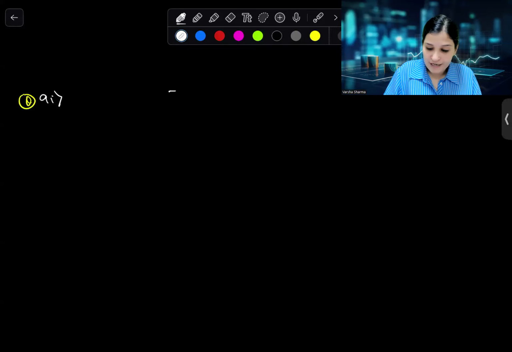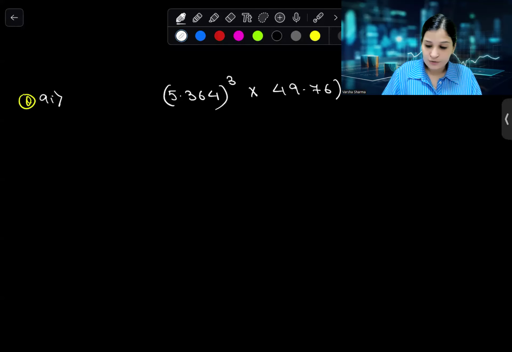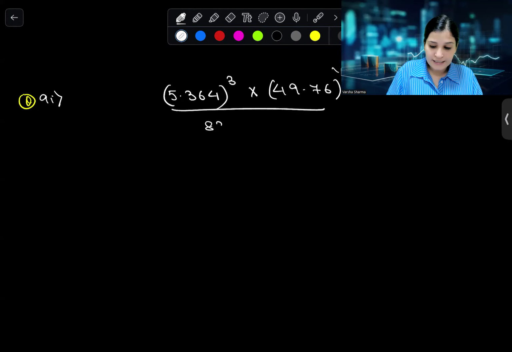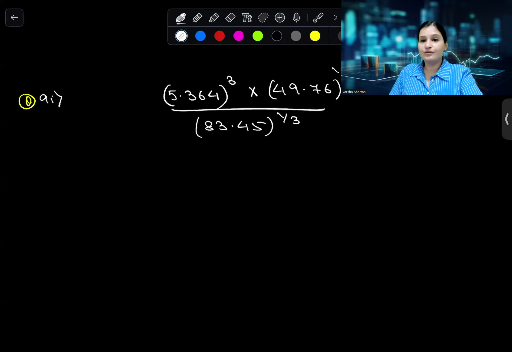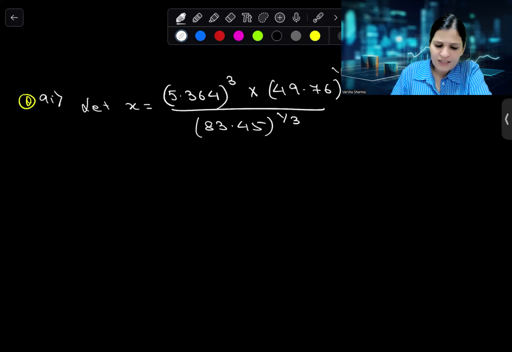We want to find the value of 5.364 to the power 3 multiplied by 49.76 to the power 1 by 2 divided by 83.45 to the power 1 by 3. What we will do is we'll first take it to be x. Name it anything. Let x equal this.